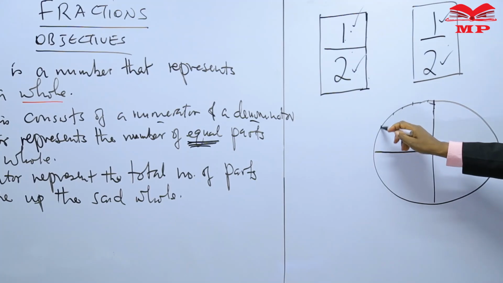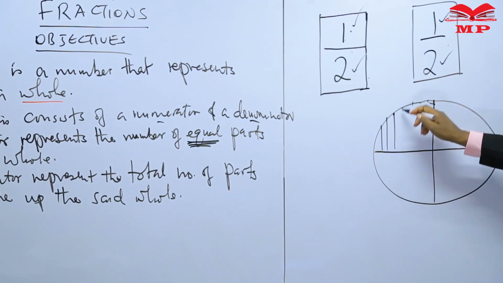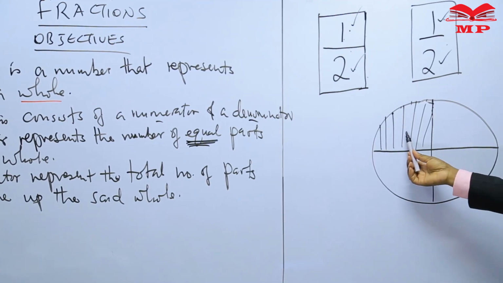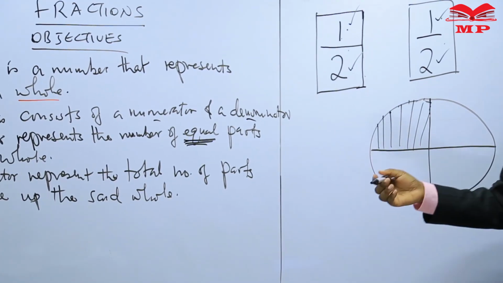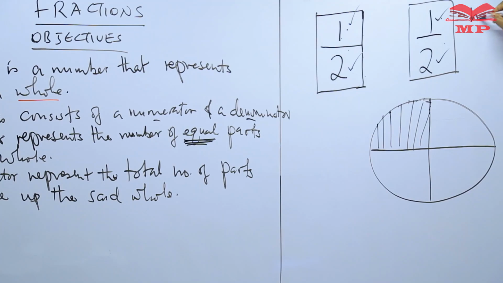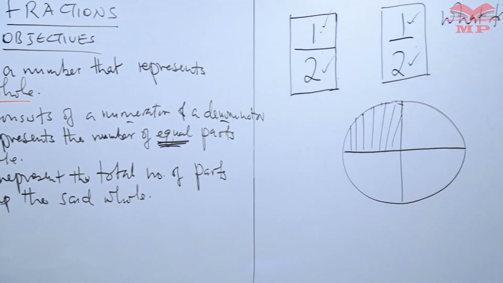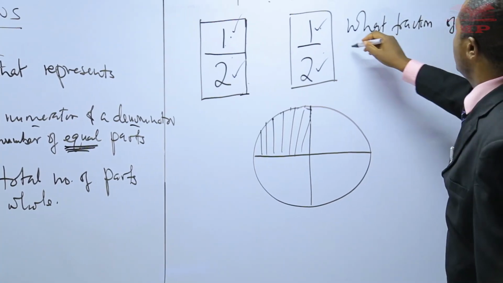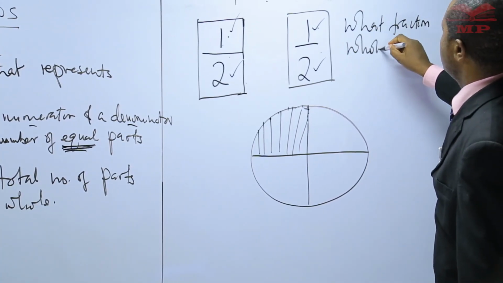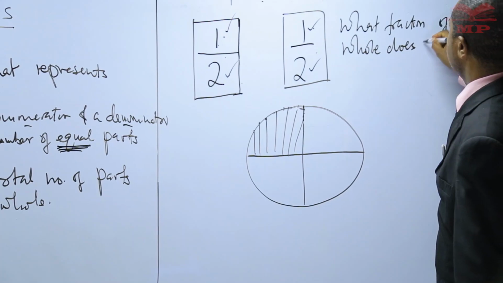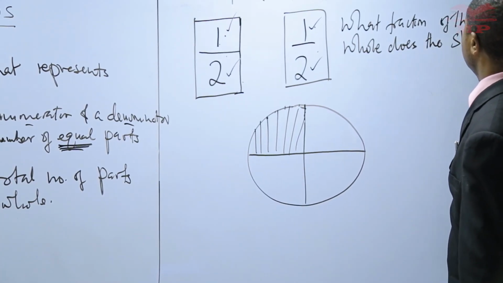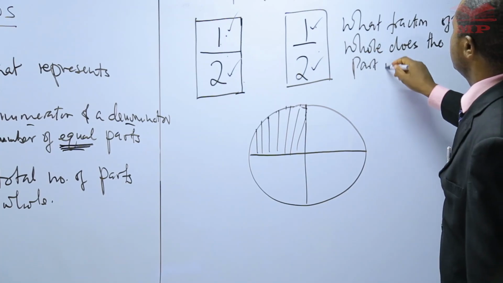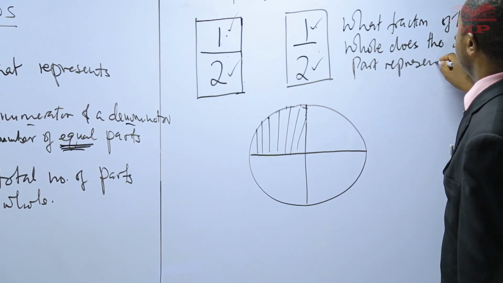So if you are to shade this one part, these are 4 equal parts. I've shaded one of the parts. So the question here is, what fraction of the whole does the shaded part represent?